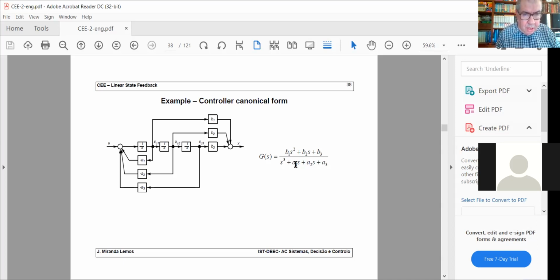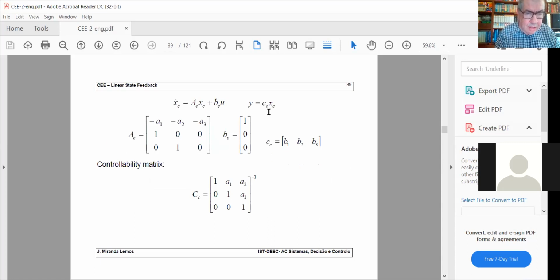So if you are given a transfer function, you pick up these coefficients, you plug them here, and this block diagram yields this transfer function. Okay, and this is going to be useful later. It's the controller canonical form. That's the name. Okay, the name is not much important.